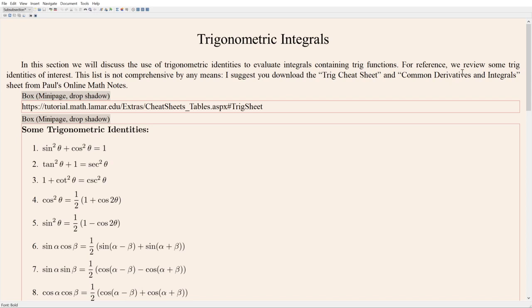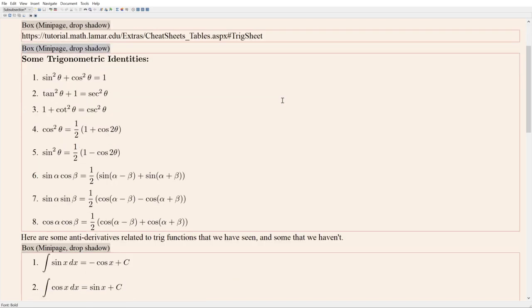He also has a sheet called Common Derivatives and Integrals, which I feel like you should have on hand. Because that way, you'll have all of the common derivatives and integrals on hand every time you need them, and you don't have to go searching through all of your notes, or all of my notes, for that formula that you want or that you need.